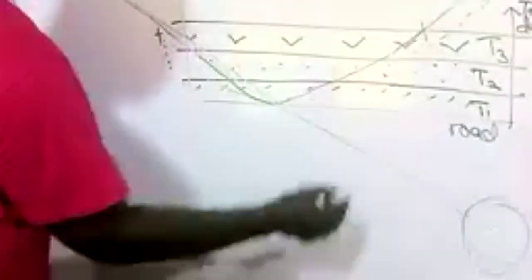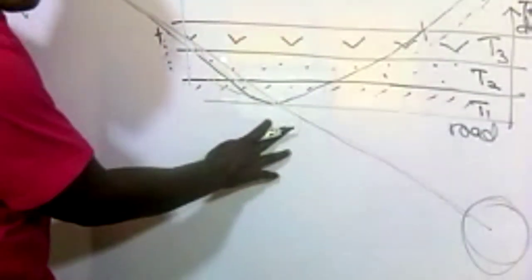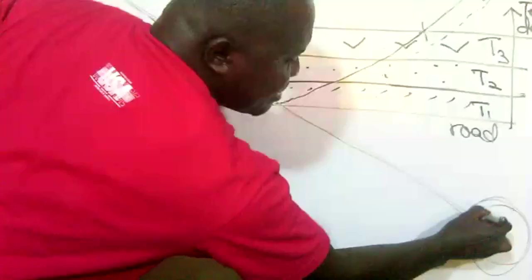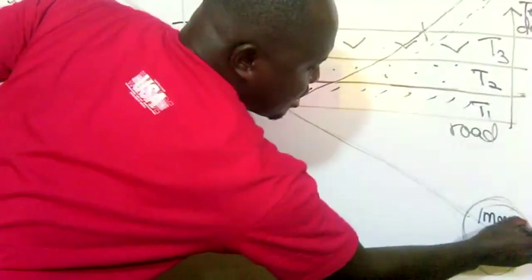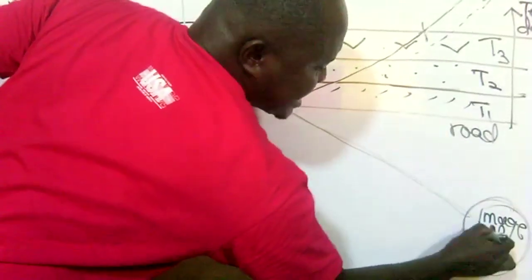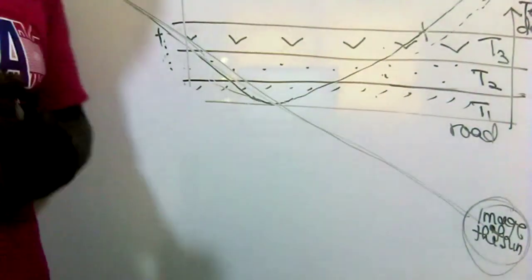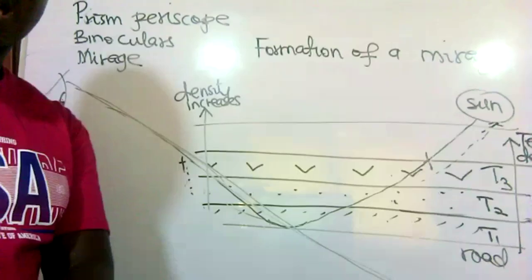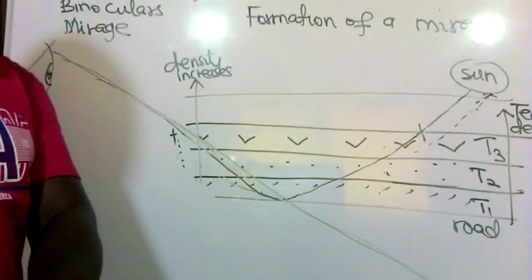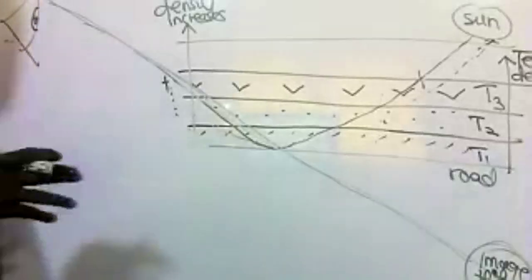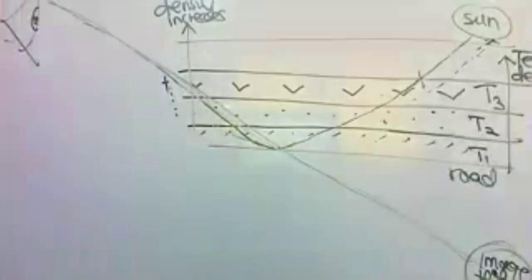Whatever is seen as the pool of water is actually the image of the sun on the road. And this image of the sun is seen as a pool of water on the surface of the road.